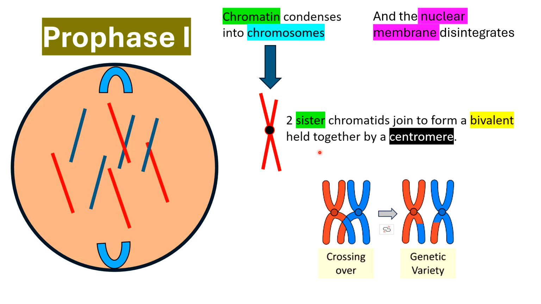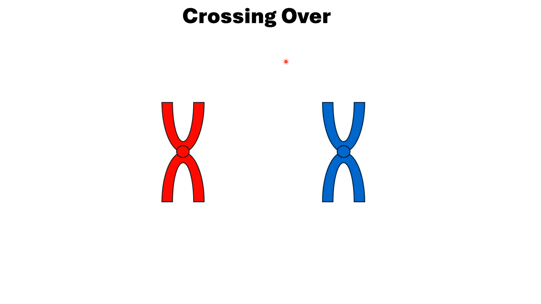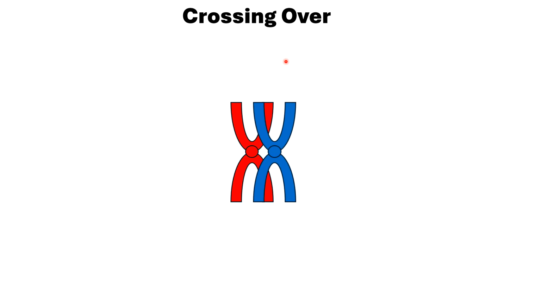Before anything else, crossing over is going to happen. As you can see here, these sister chromatids are identical because they're sister chromatids. Red one and red one, and blue one and blue one. But they will no longer be identical because between different chromosomes, there's going to be an exchange called crossing over. This involves the exchange of DNA segments, DNA fragments.